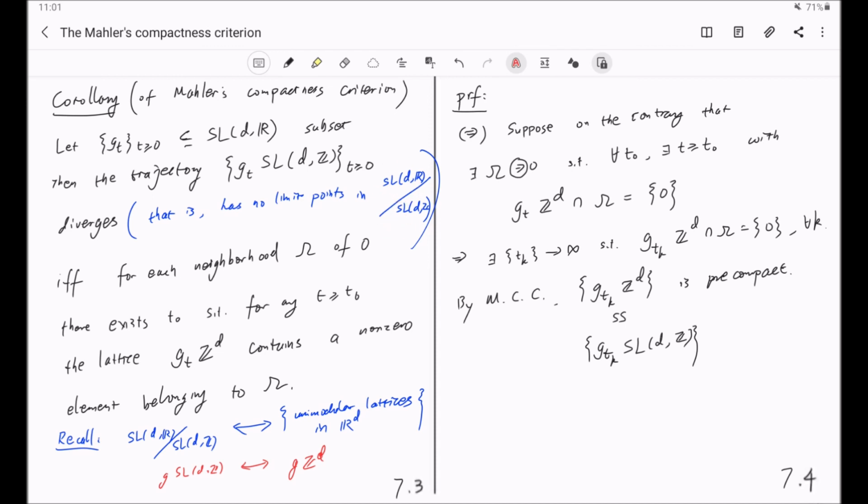But this quotient is Hausdorff, and thus precompactness is the same as pre-sequential compactness. So this tells you that there exists a convergent subsequence of this sequence in this homogeneous space SL_d(R) mod SL_d(Z).